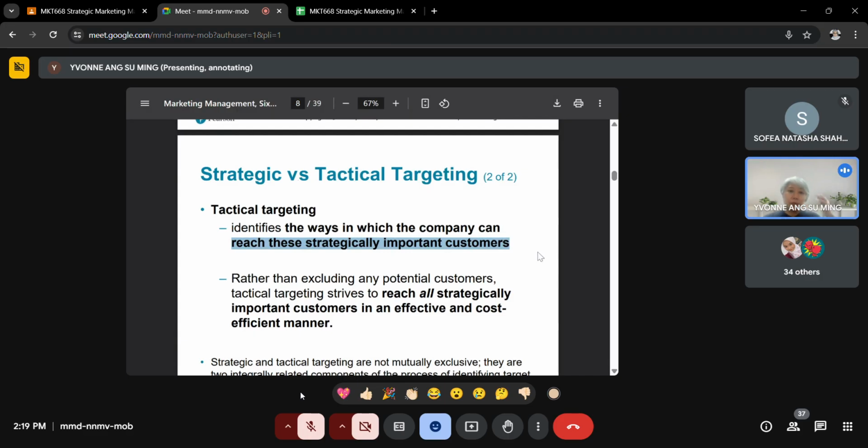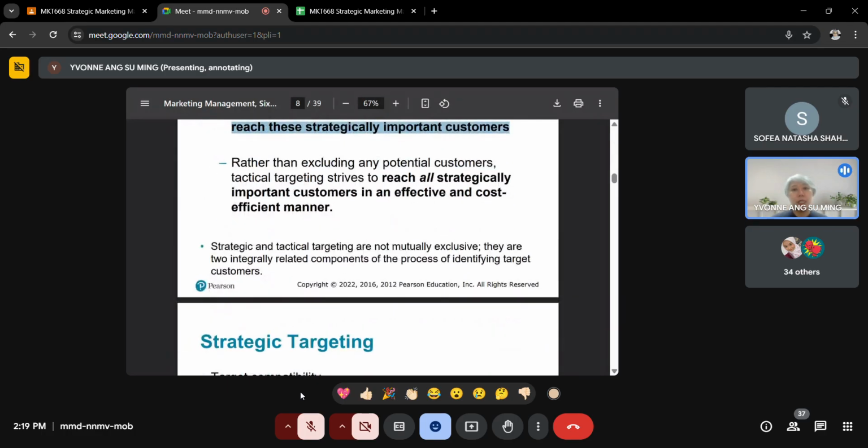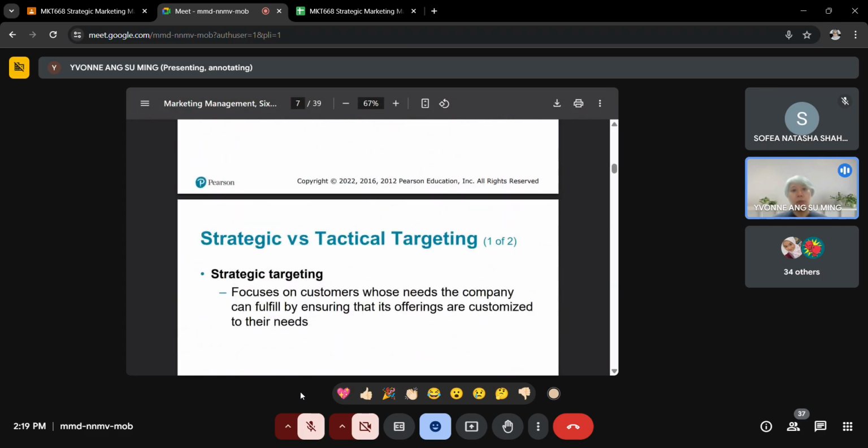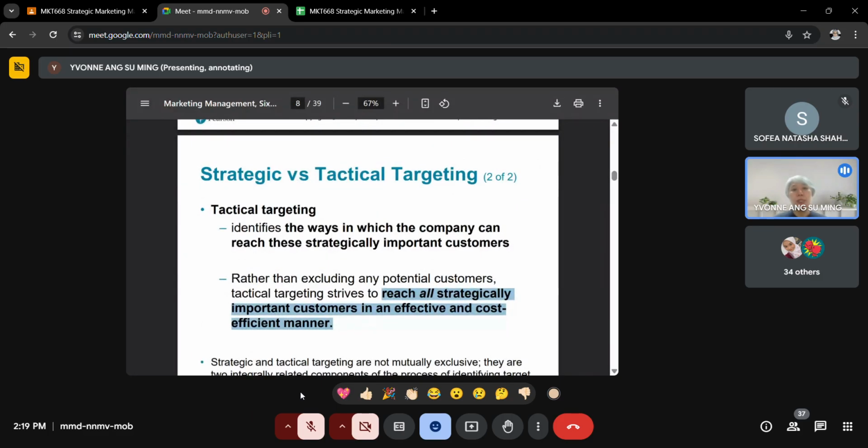Alright, so here what they are trying to do is they are trying to mengkaji and to understand and to find solution for reaching all these customers, and they want to reach them in an effective and also cost efficient punya manner. So dua-dua kena buat, strategic kena buat dan juga tactical pun kena buat.